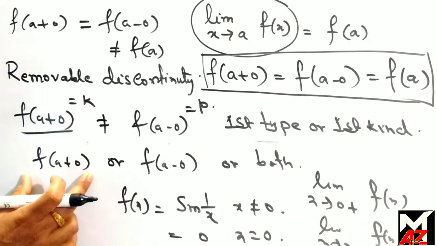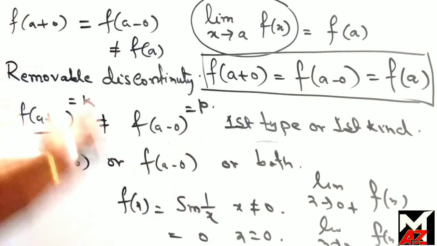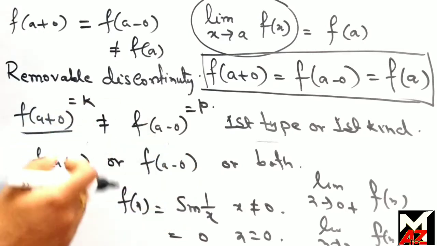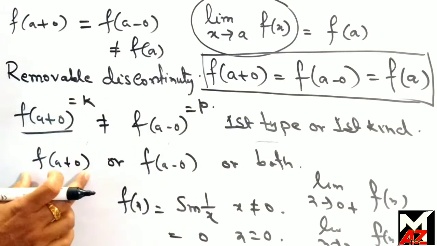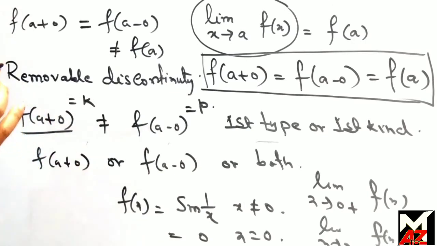If the right hand limit exists but the left hand limit does not exist, then we say this is a second type discontinuity from the left. Similarly, if this does not exist but this exists, then it is a discontinuity from the right.